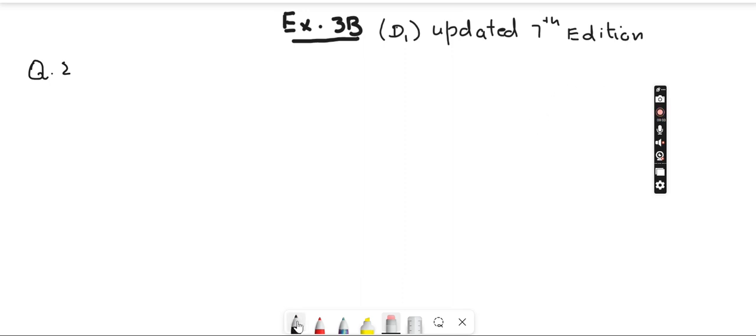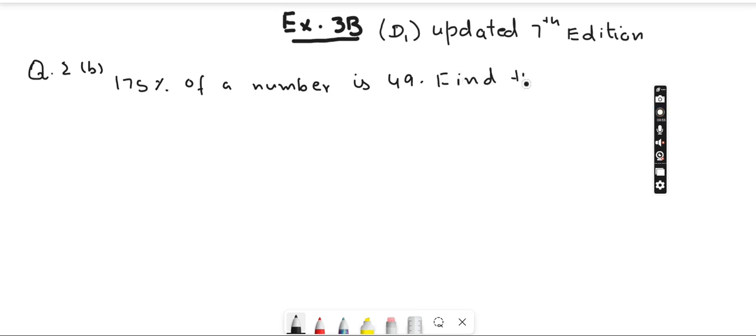over here the B part is 175% of a number is 49. Find the number.